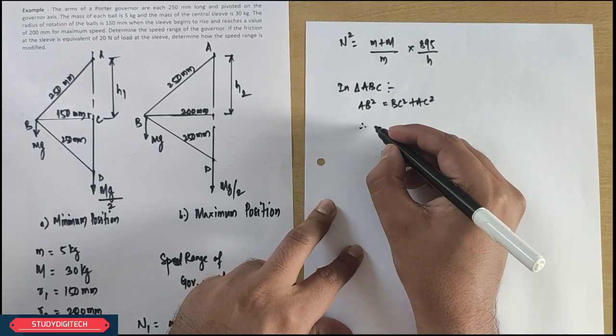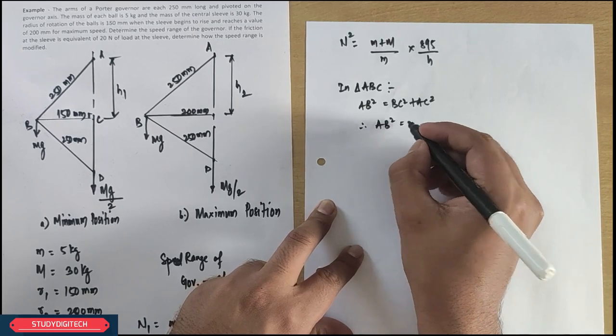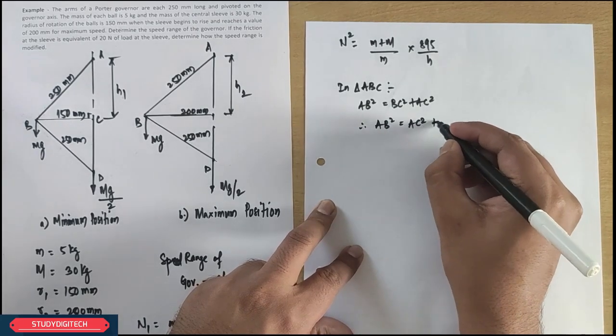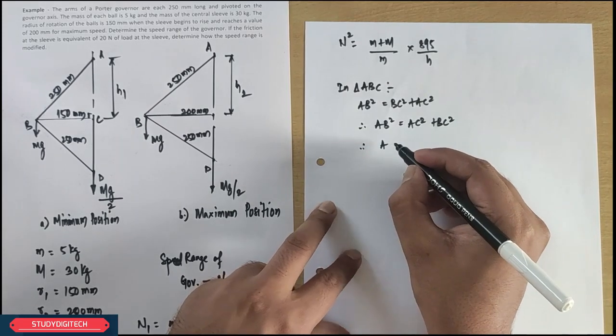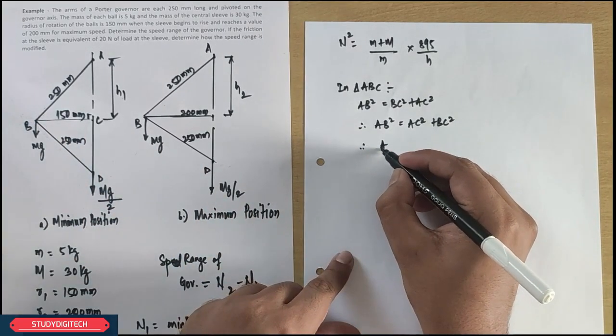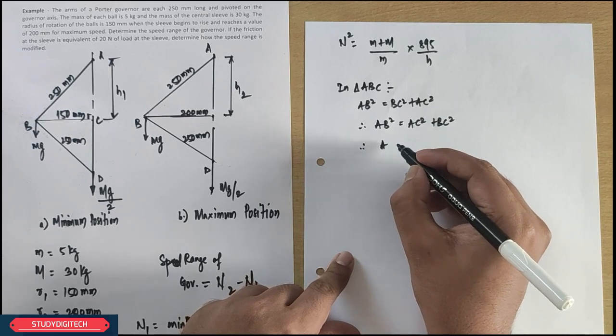By Pythagoras theorem, AB square is equal to AC square plus BC square. We have the value of AB as 250 mm.